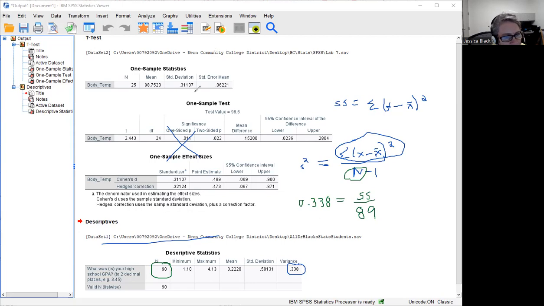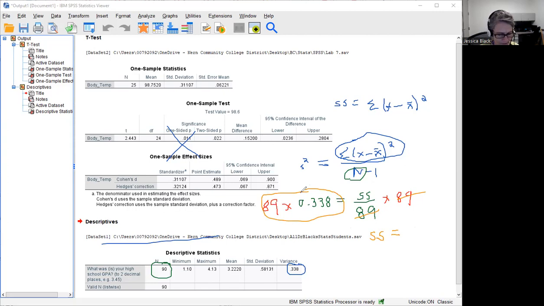Now, in order to isolate sums of squares, we multiply both sides by 89. We get to cancel these 89s and we get out our calculator. So we get sums of squares equal, and we just have to multiply these values.